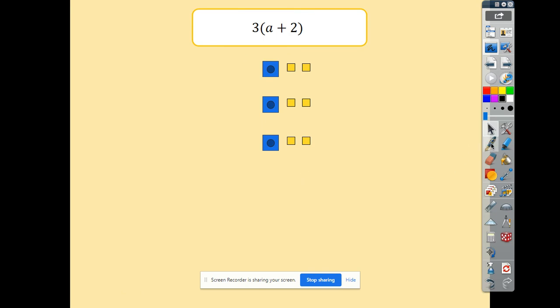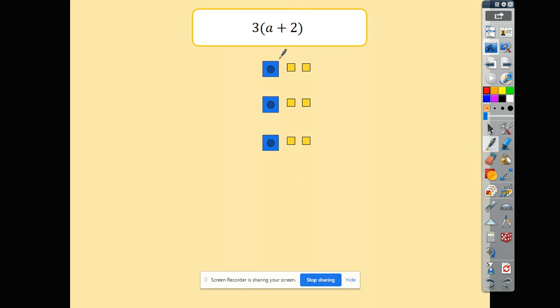So how many a's do I have altogether? Well, these are my a's. And I can see that I have got 3a. I've got 3 of them. So 3 times a we would write as 3a. So that is 3 times a equals 3a.